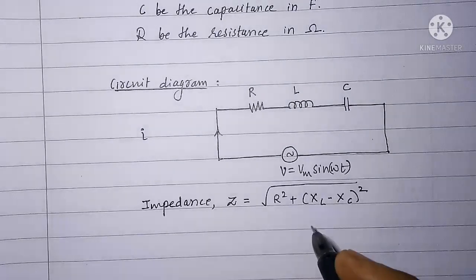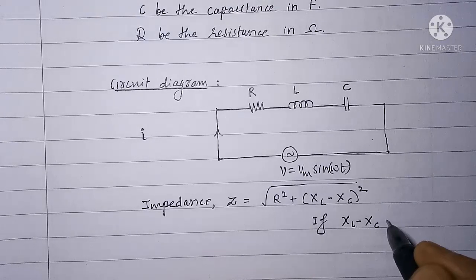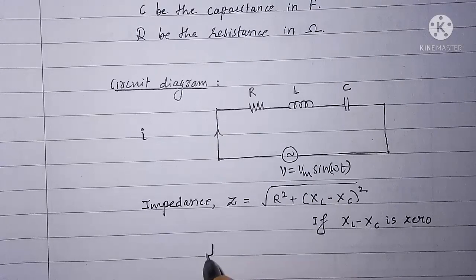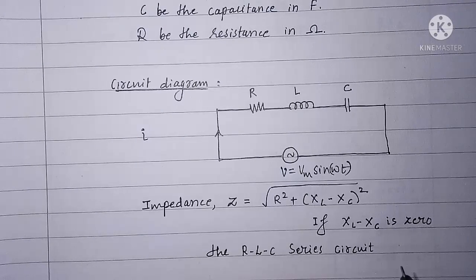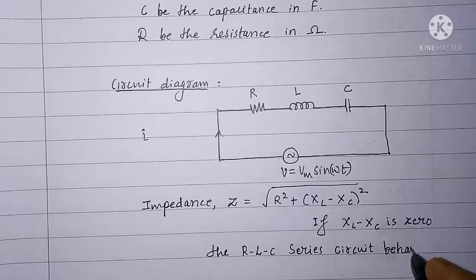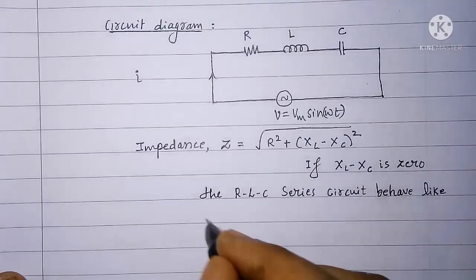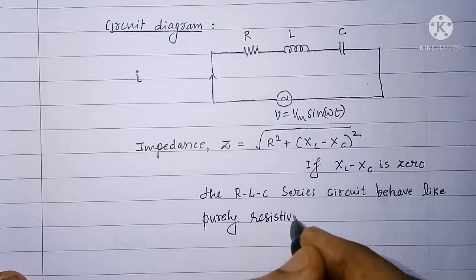Now you see here, if XL minus XC is 0, then RLC series circuit behaves like purely resistive circuit.